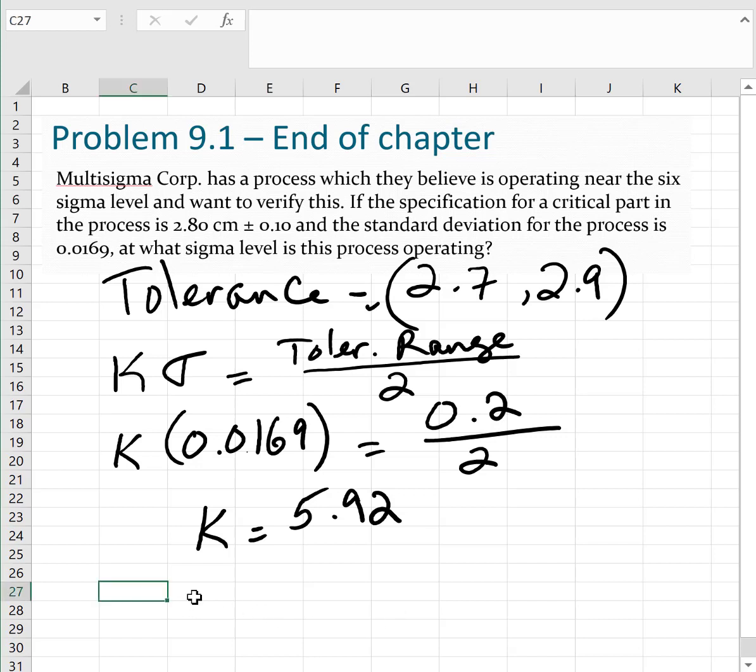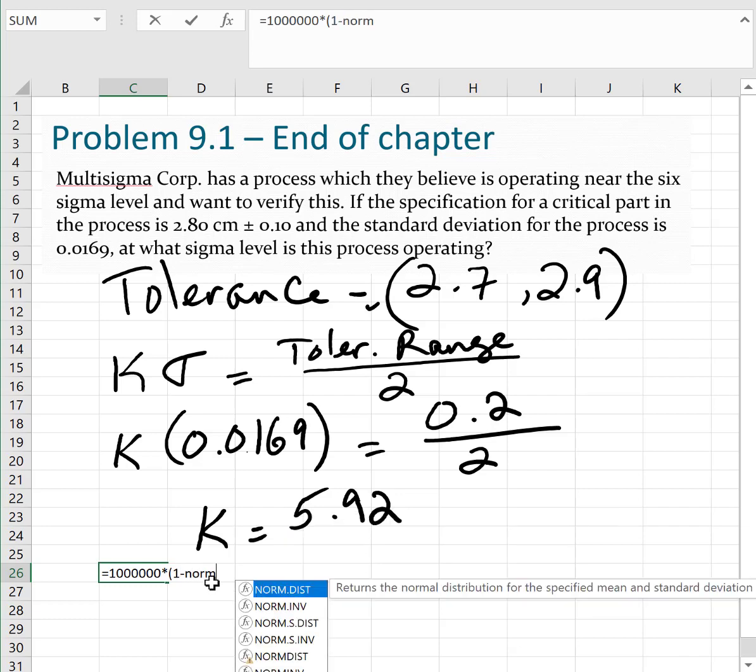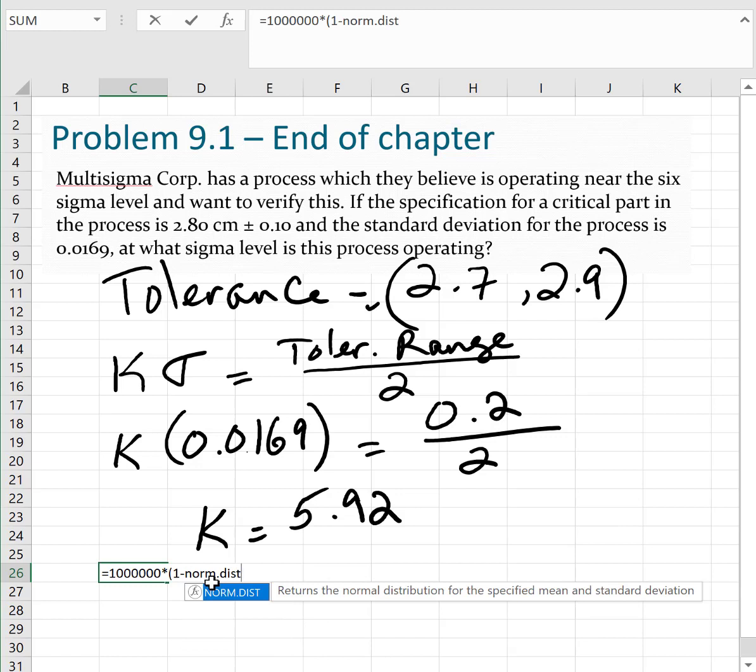DPMO for this problem. DPMO is defective parts per million, so 1 million times 1 minus the norm distribution.